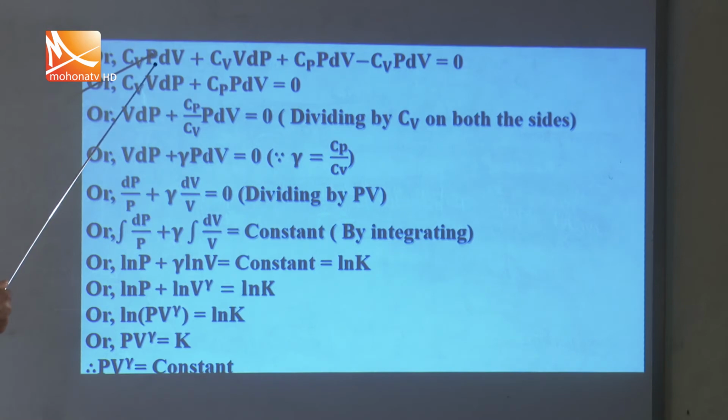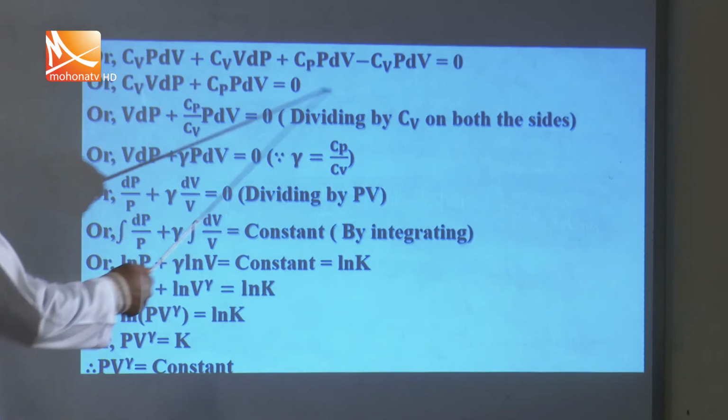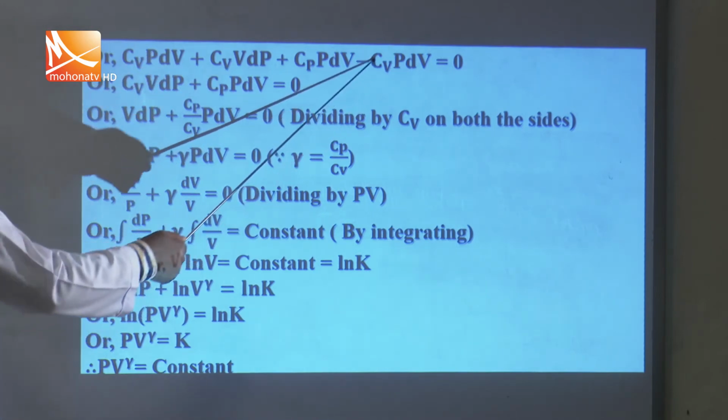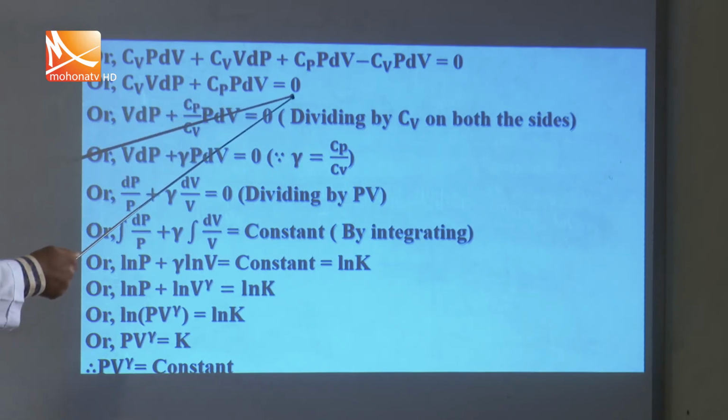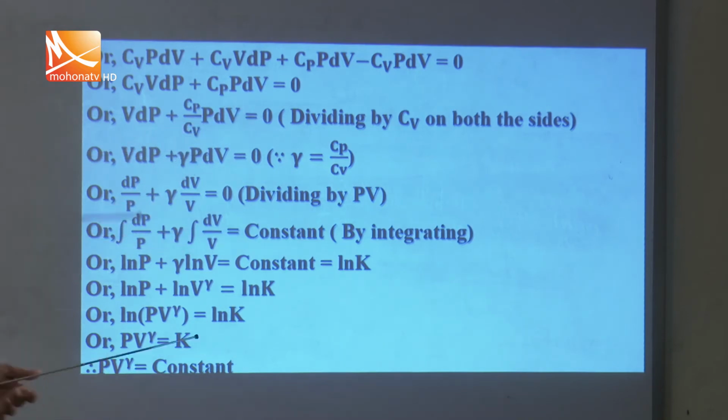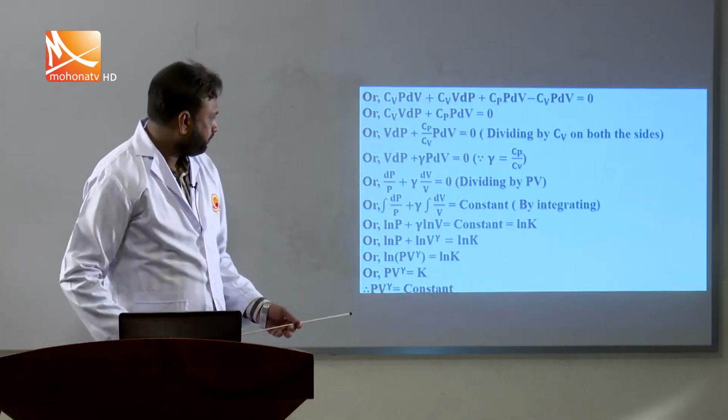Here Cv PdV is plus and Cv PdV is minus, so we can cancel these two terms and write Cv VdP plus Cp PdV equals 0, or VdP plus Cp/Cv into PdV equals 0, dividing by Cv on both sides.